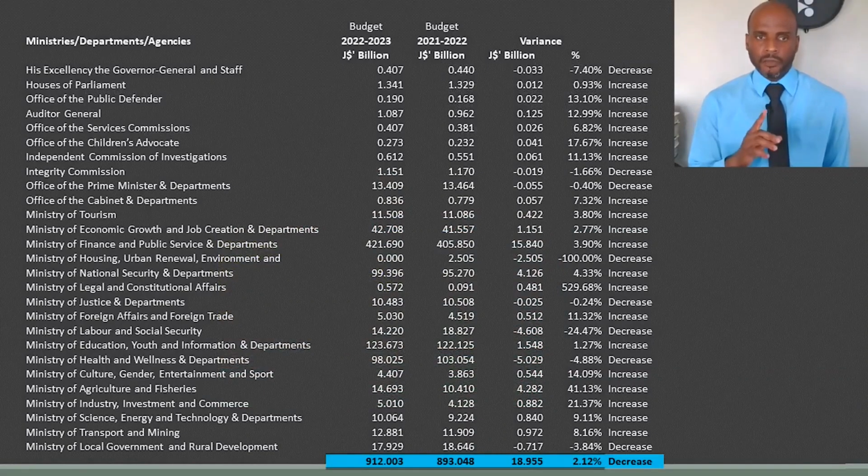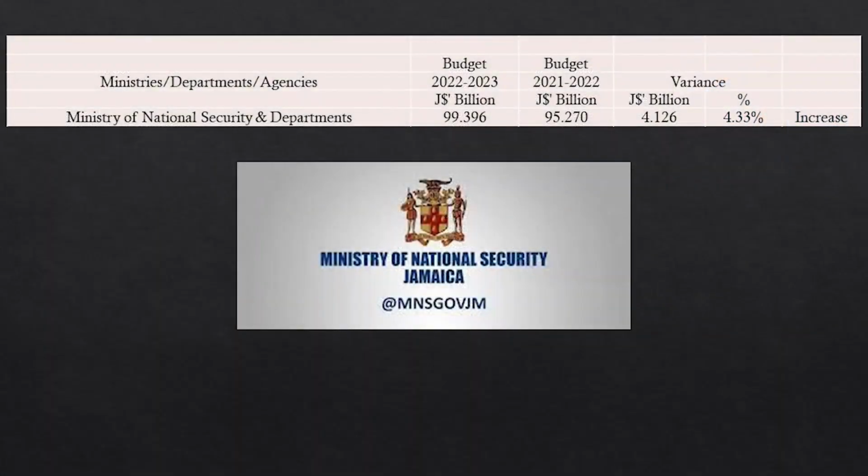Now, another important ministry, the Ministry of National Security. The Ministry of National Security will receive $99.396 billion in the 22-23 budget cycle, compared to $95.27 billion allocated in the 21-22 budget cycle.